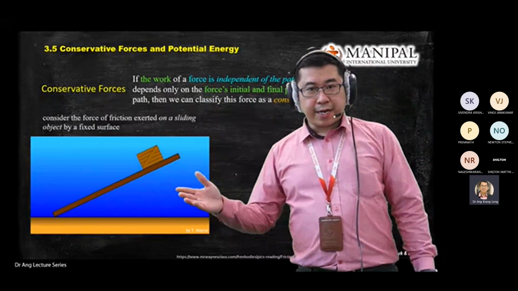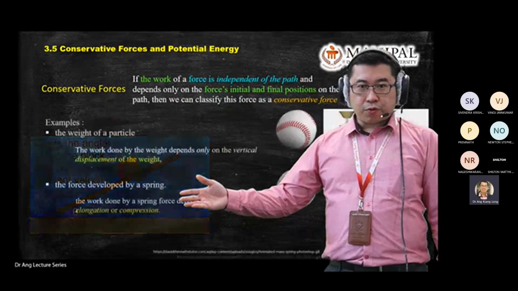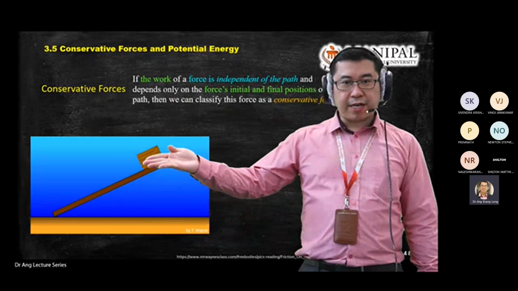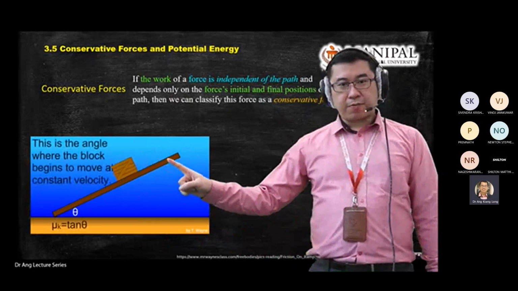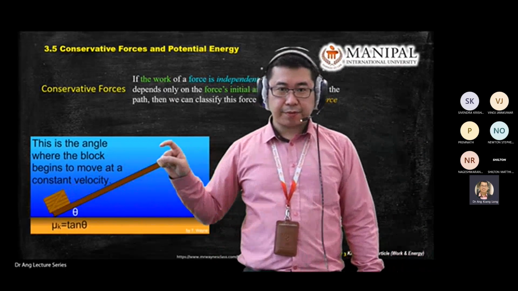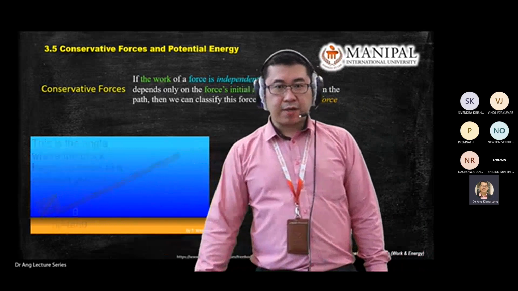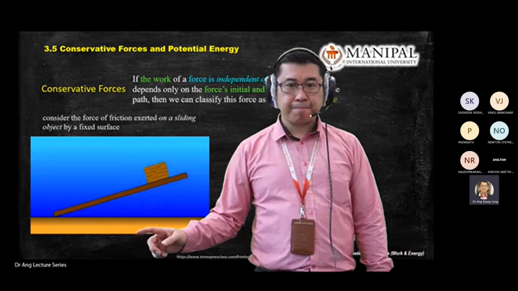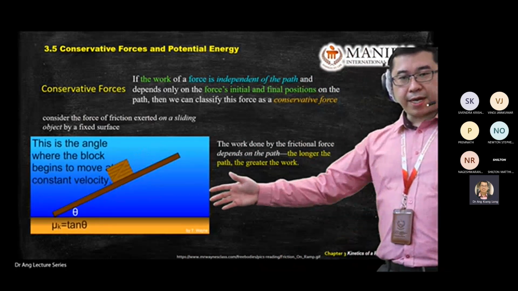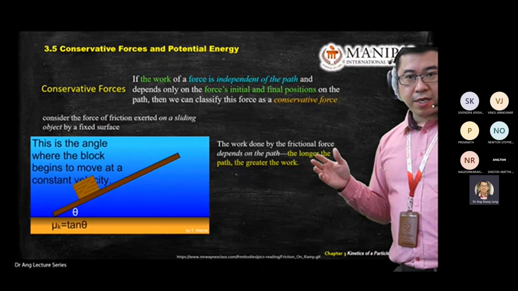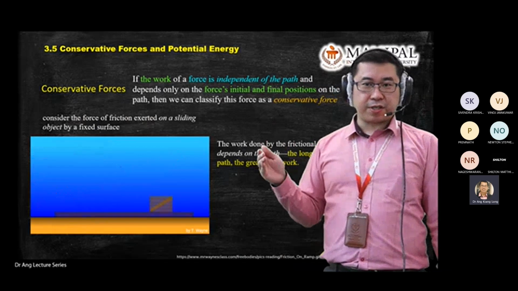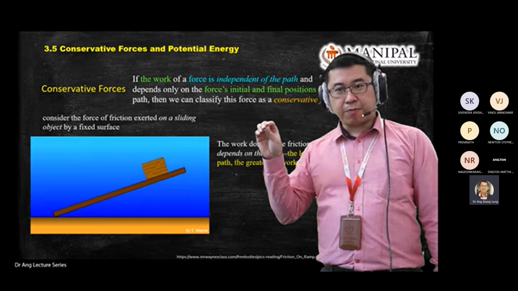Another one is that if you put an object and then you lift the elevation of the object, this object will slide along the surface, right? So work can be done by the object as long as there is an additional force in the system that makes the object move.